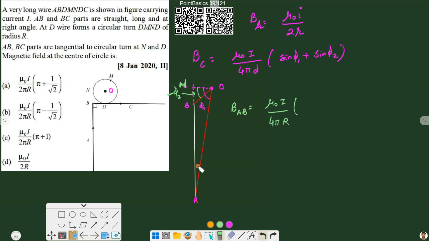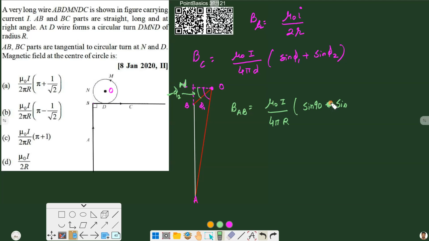Because this is an infinite conductor, this phi 1 will be approximately equal to 90 degrees. So first we will have sine 90. Now coming to the plus sine of this phi 2, that will be in negative degrees, so we will take a negative sign here.